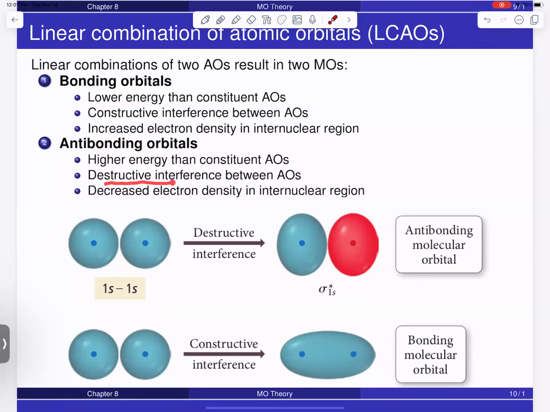They're characterized by destructive interference between the two AOs. Remember, we even get a node right here in between. And this decrease in electron density in the internuclear region really motivates the entire name for antibonding. If a bond is a buildup of electron density between the two nuclei, well, if I'm decreasing electron density between the two nuclei, it's the opposite of bonding, so we call it antibonding.